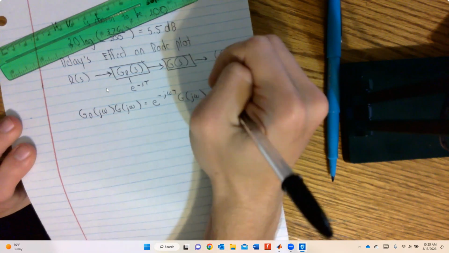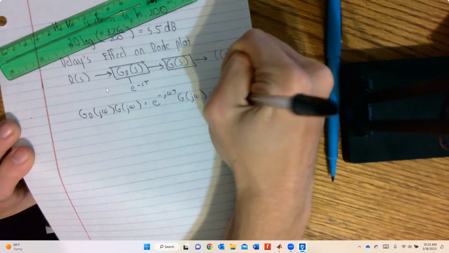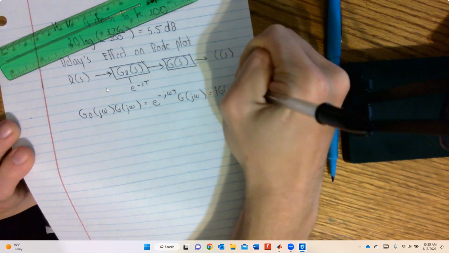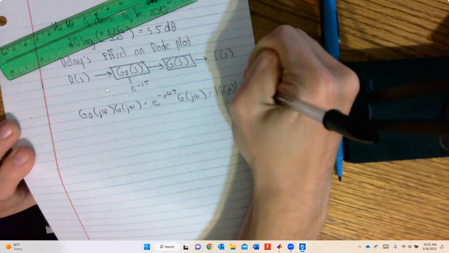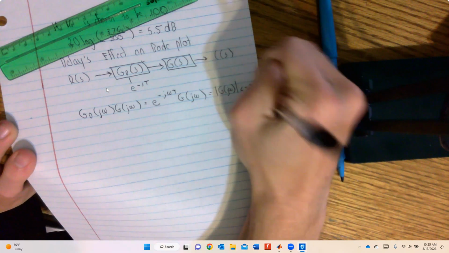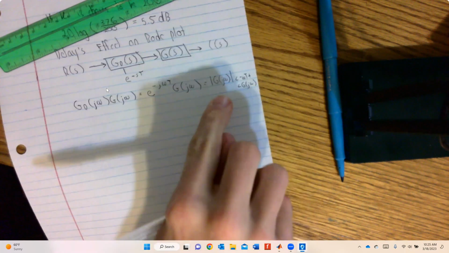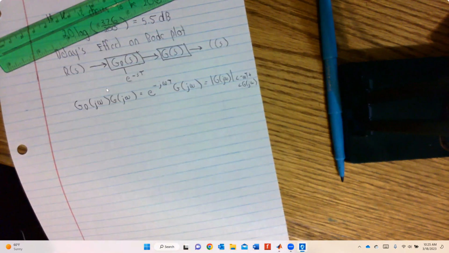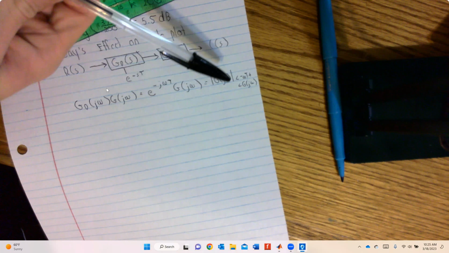If we look at the magnitude, the exponential does not change the magnitude, but it's going to add a negative omega T to the phase of G(j omega). So your phase is going to decrease because you're adding a negative omega T.